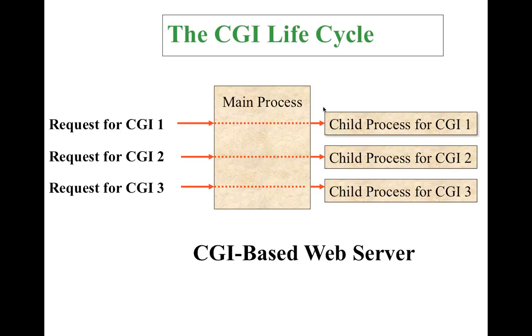To handle this request, initially the choice was CGI, Common Gateway Interface. Each CGI request hits the main process, and a child process is created for each of these. It's not multi-threaded. If you see here, each of these CGI requests creates a child process within the server, called a CGI-based web server.